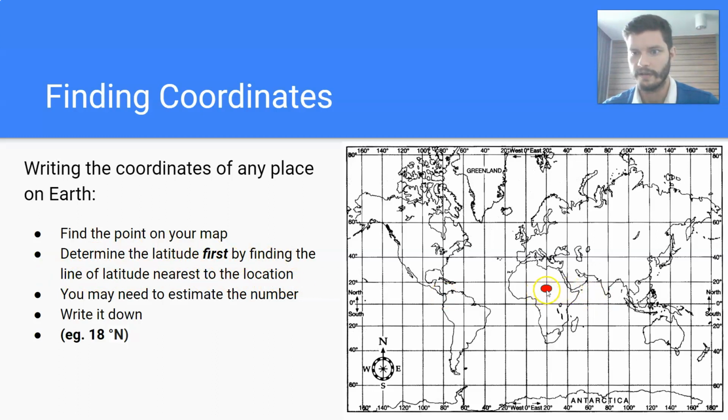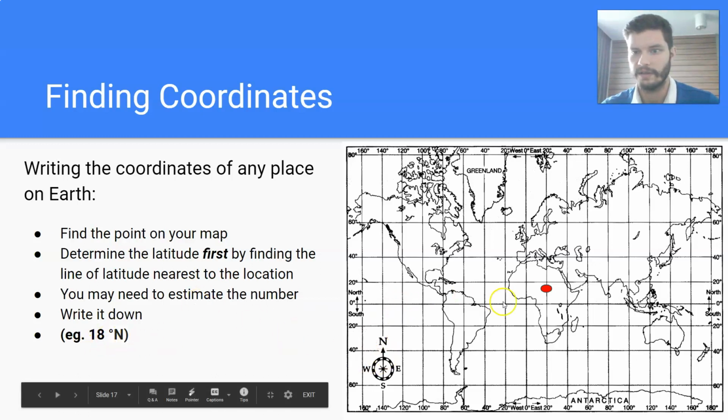In this case, this red dot here is close to 20 degrees north, but it's not exactly 20 degrees north, so we're going to estimate. We know it's closer to 20 degrees than it is to 0 degrees, so let's say it's about 18 degrees north. Now, we can get really specific with this, of course, but because we're still learning, we're just going to estimate. So we write that down, 18 degrees north.